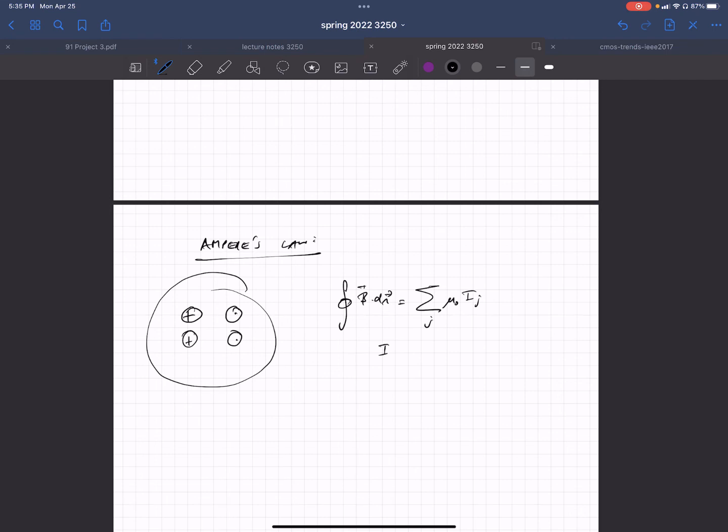These I sub j's are any currents that penetrate the surface generated by the loop.